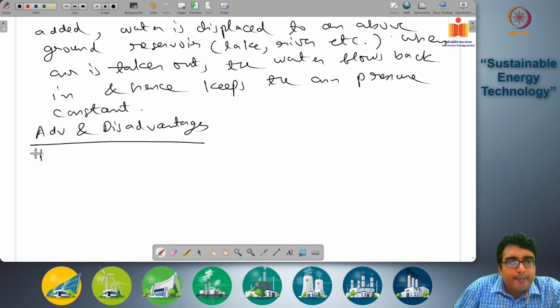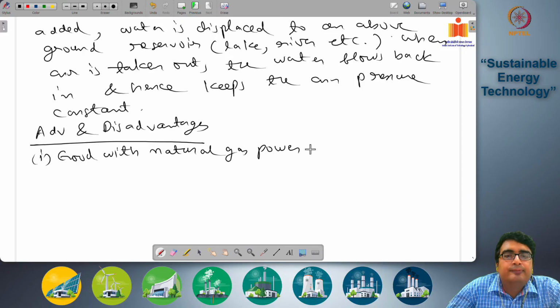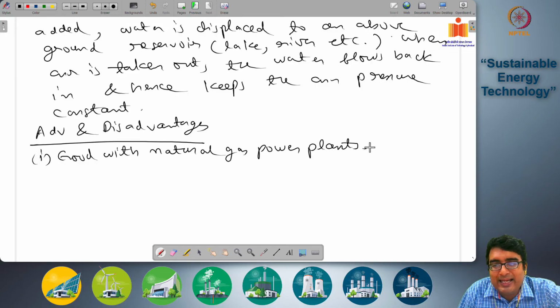So it's good with natural gas power plants. So the entire utilization is related to how a natural gas power plant operates. Okay.